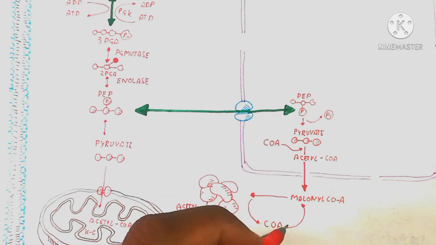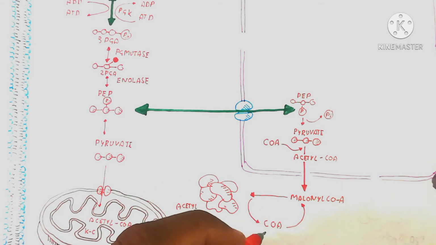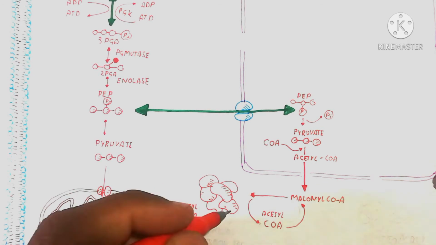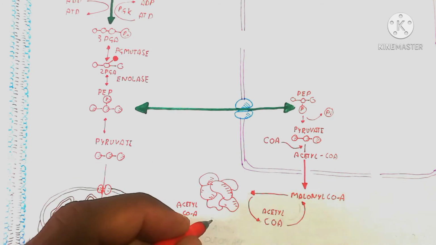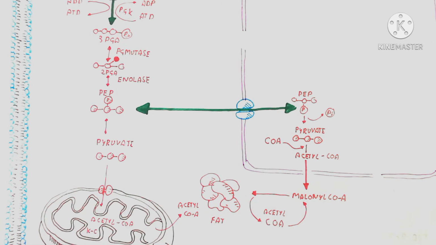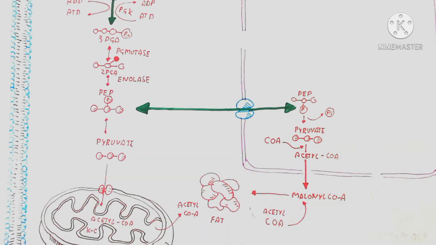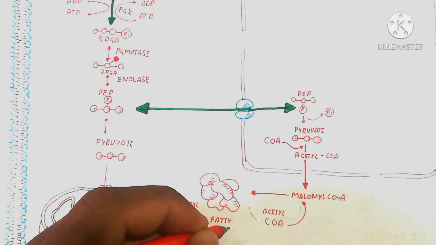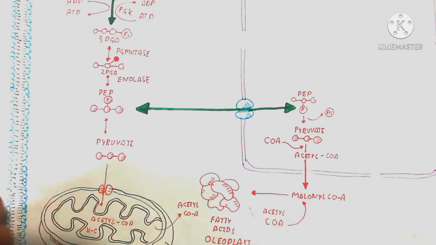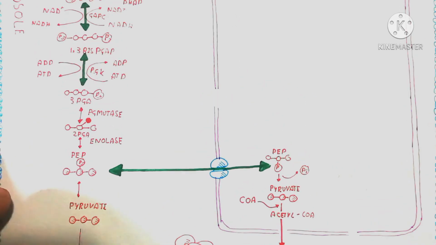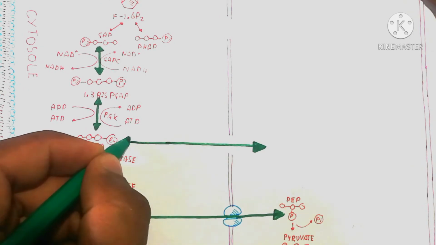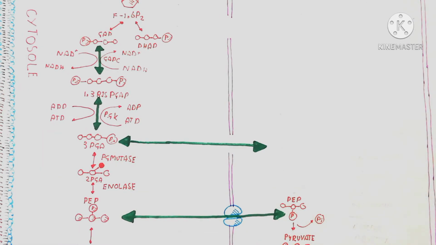reductase enzyme to produce fatty acid, which is reserved in the seed, and acetyl CoA is again converted into malonyl CoA for the production and reserve of fat in the seed.